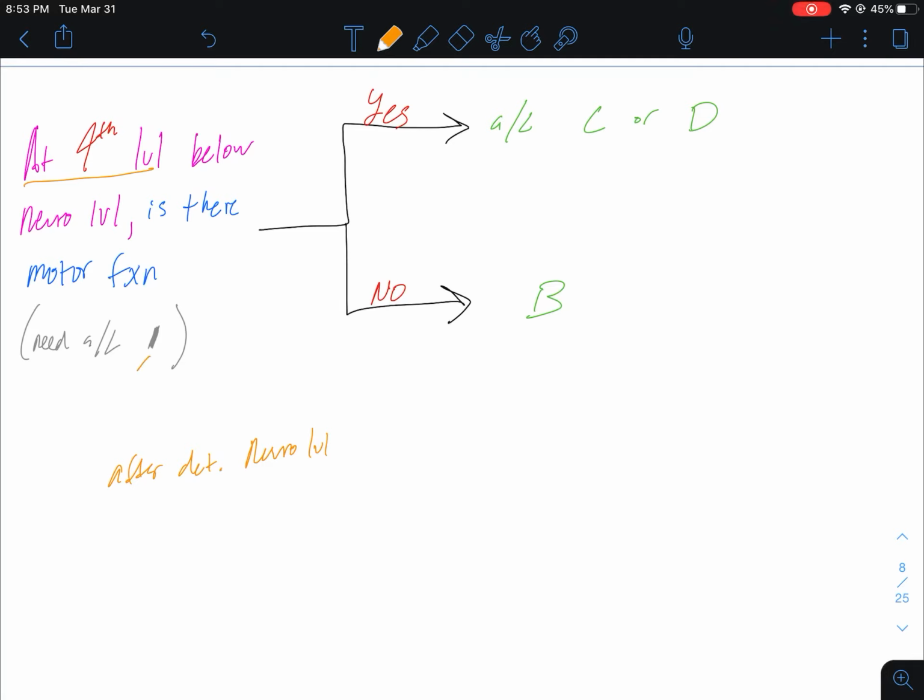And you need at least, what I said before, a 1 of the motor grade. If it's yes, it's at least a C or D, and if no, so 0, it could be ASIA B.